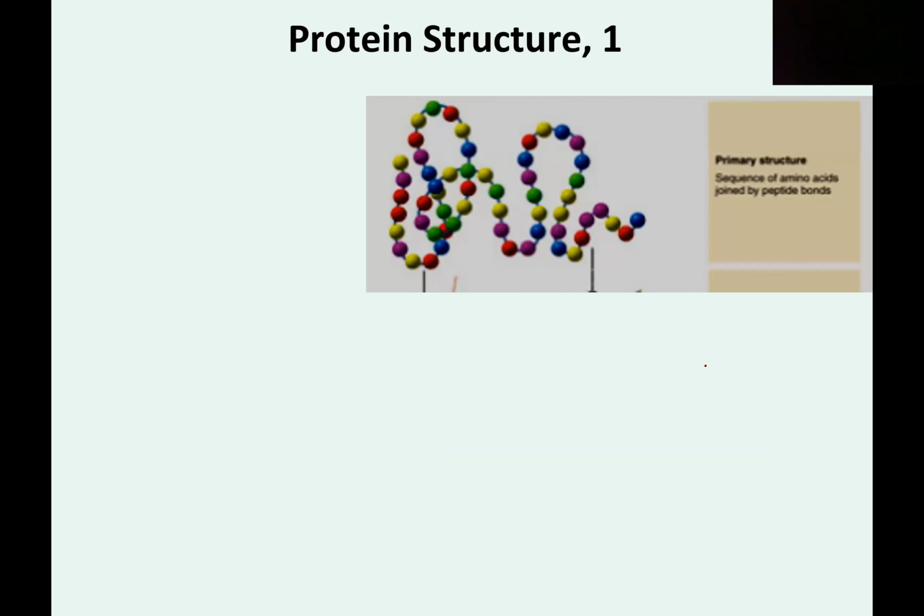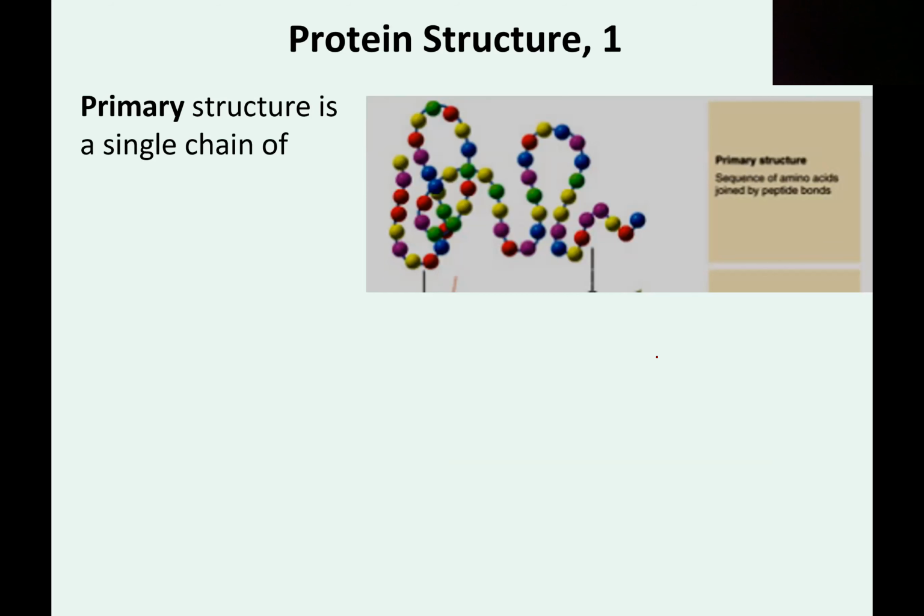Okay, so because structure is so important, we have 4 different levels of structure. So you've got a table to fill in. The first level of structure is called the primary structure. The primary protein structure has a single chain.